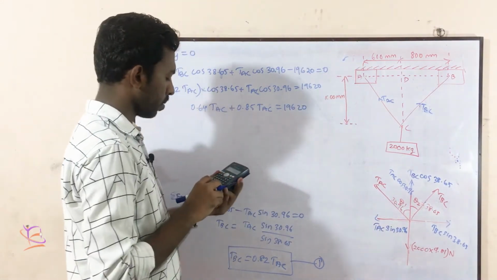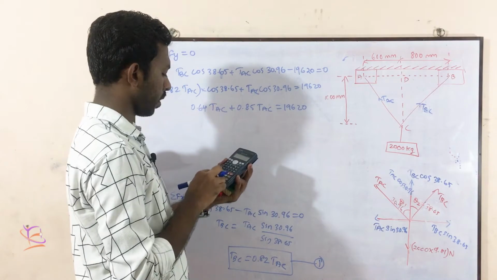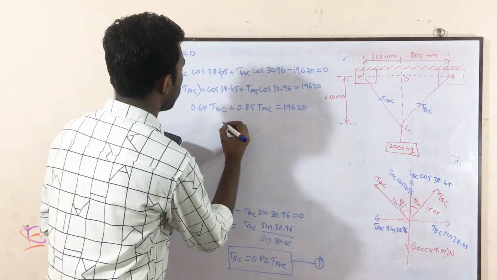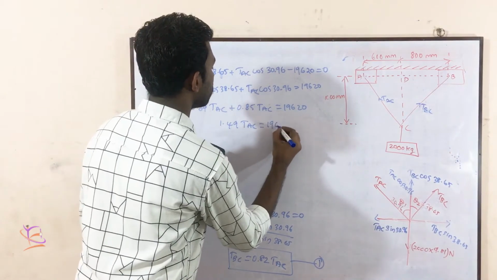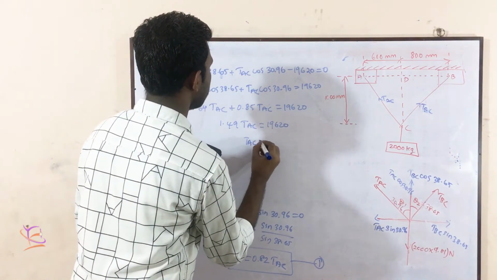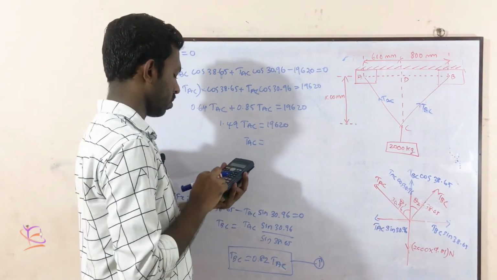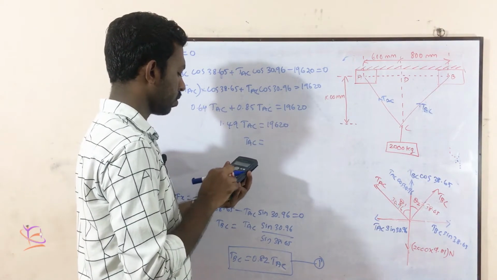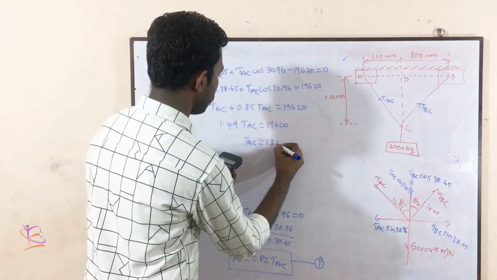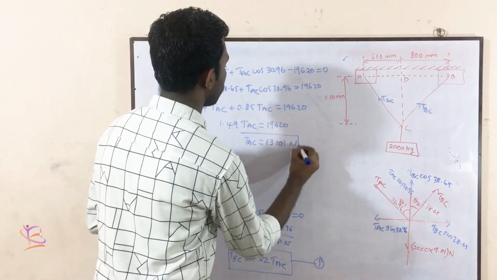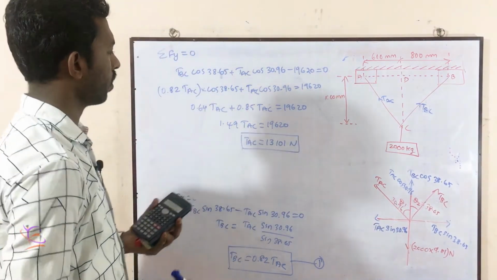What is the sum of these two things? 0.85 plus 0.64 equal to 1.49 TAC is equal to 19620. So TAC is equal to 19620 divided by 1.49, which is 13101 Newton. So this is the value for TAC.